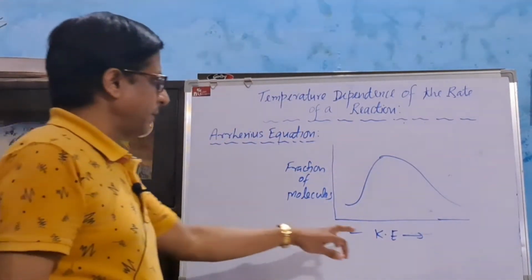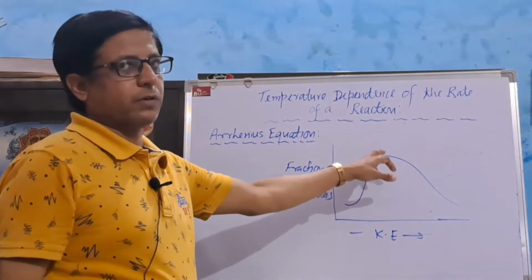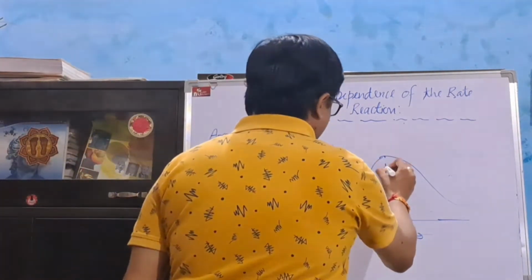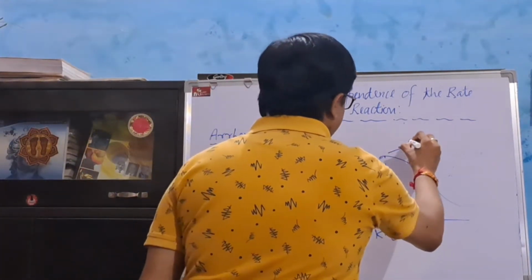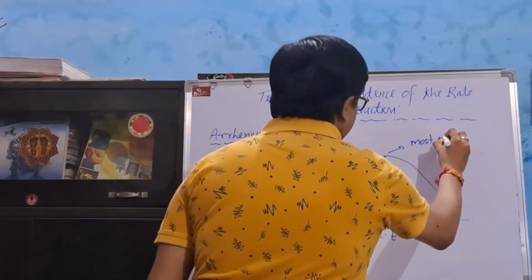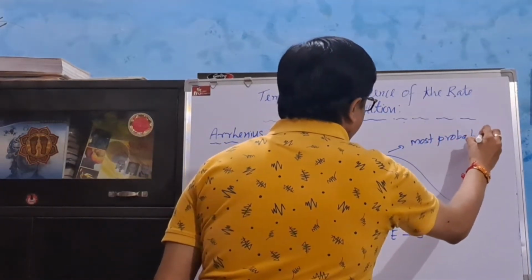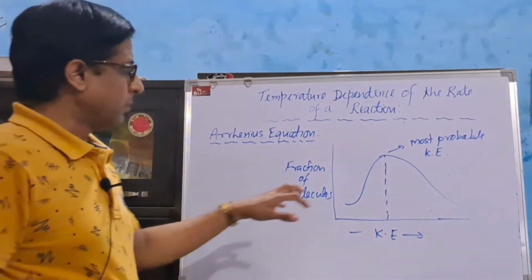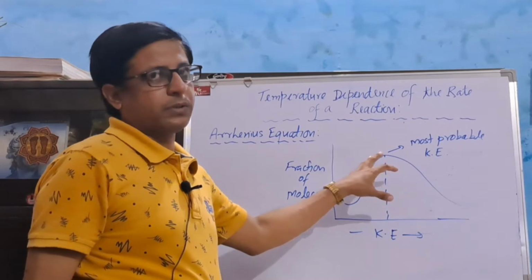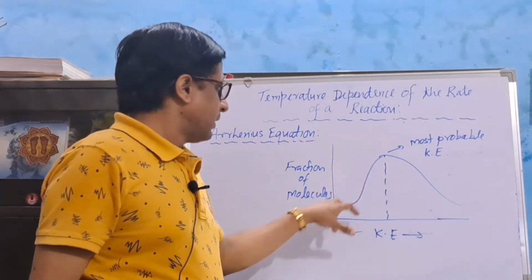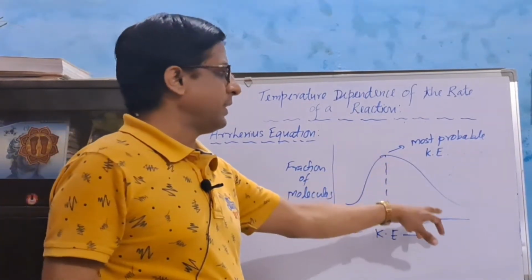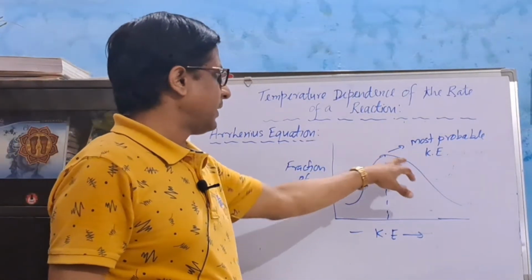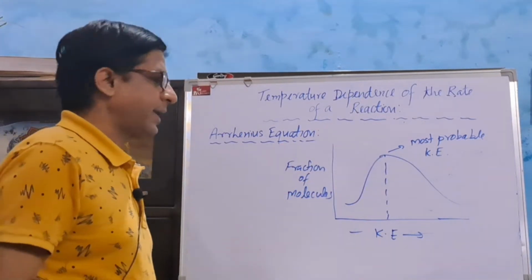The kinetic energy possessed by maximum fraction of molecules is known as most probable kinetic energy. Below this, the number of molecules decreases. The number of molecules having energy less than this most probable kinetic energy is lower.